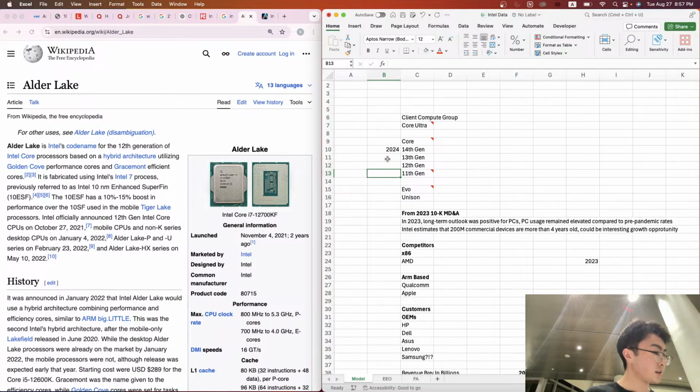11th gen, so 12th gen, November 2021, okay, November. I think this one was September 2020.